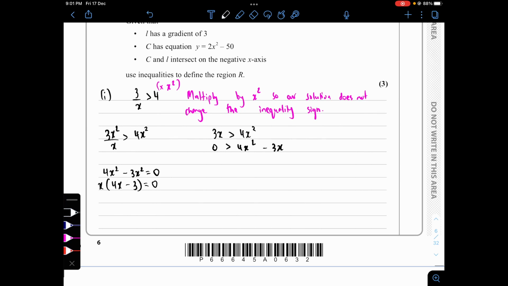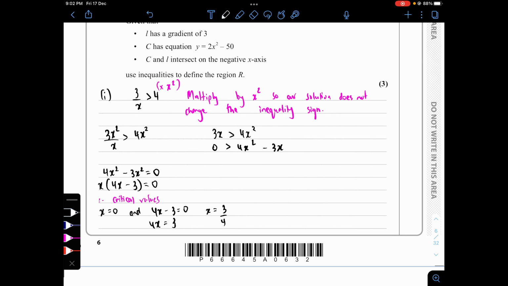So now we can get the critical values. So now we're getting the critical values. So this will be now x equals 0 and 4x minus 3 equals 0. So 4x equals 3. So x equals 3 over 4.